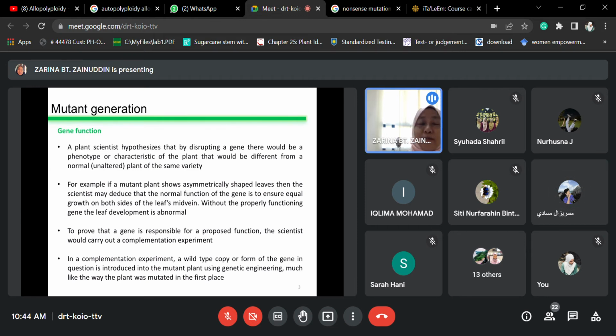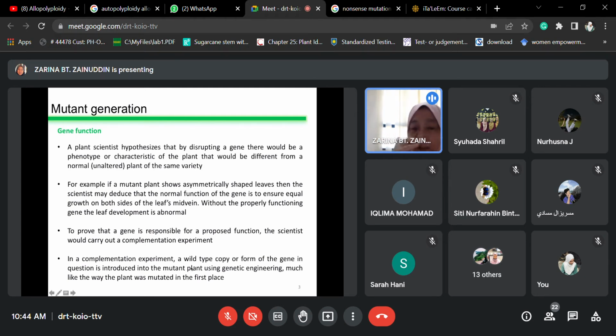Okay. Alright, so to prove that the gene is actually responsible for the leaf shape, now we introduce back the complete sequence of the gene. The scientists would carry out what we call a complementation experiment. In this complementation experiment, we introduce the wild type copy, or the complete form of the gene, into the mutant.